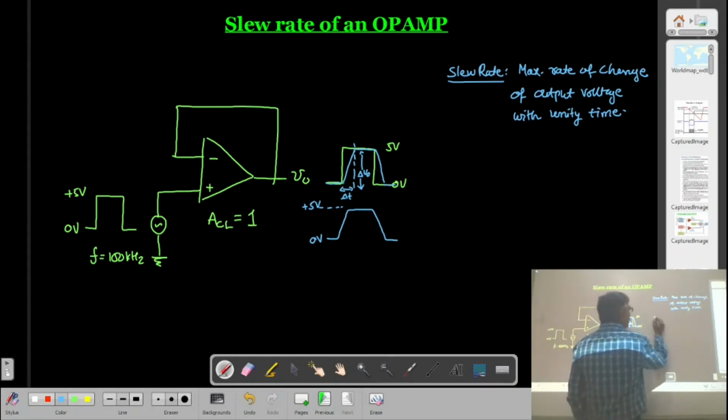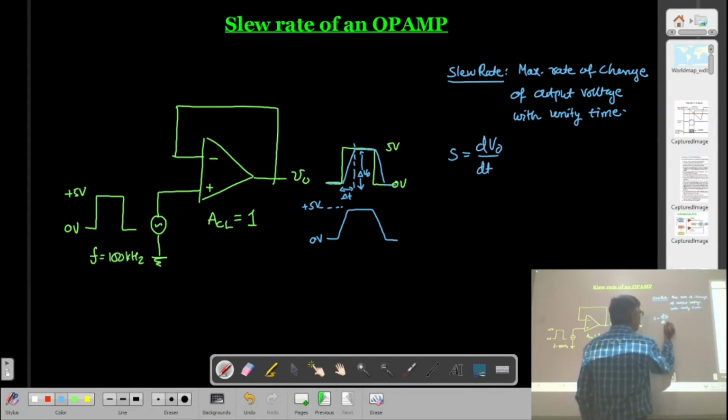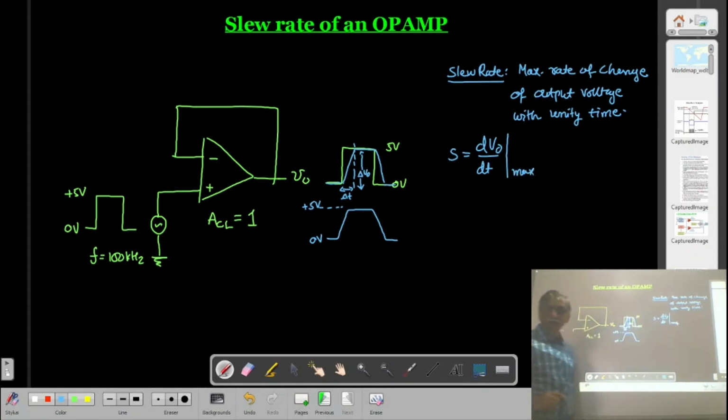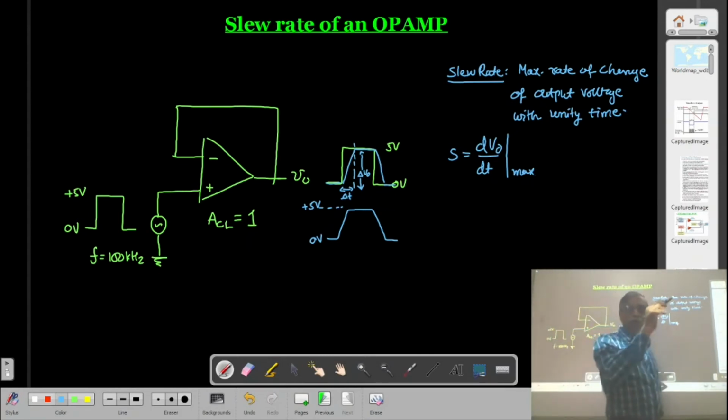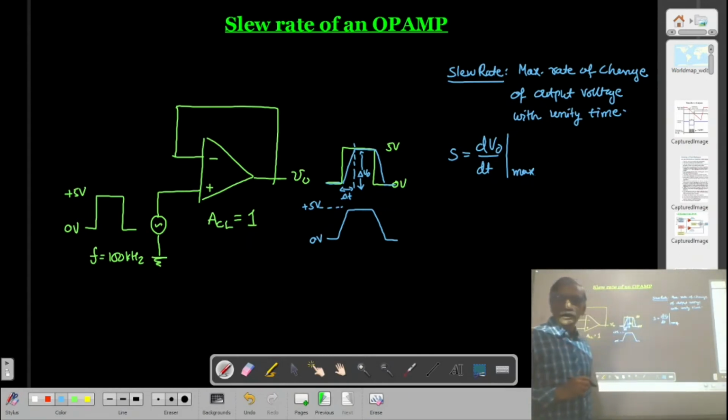So this can be defined as S is equal to dVO by dt, but the maximum, because the output signal has to change from 0 to the maximum value. So S is given as dVO by dt, that is known as slew rate.